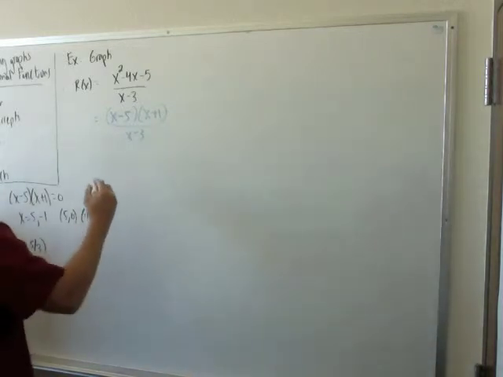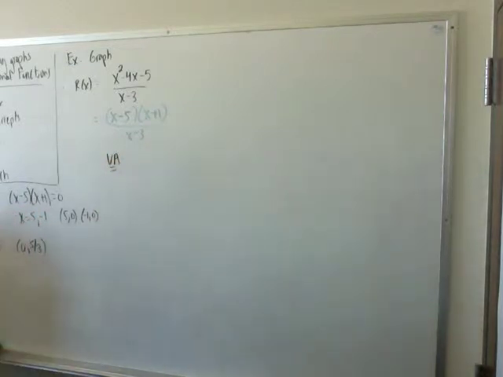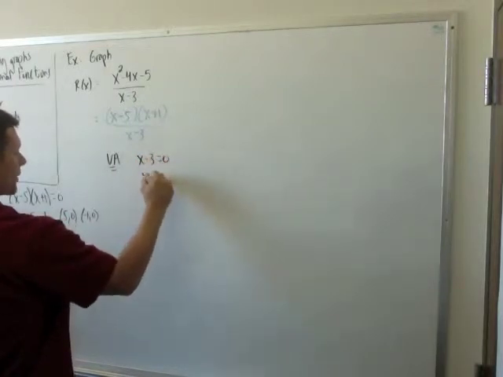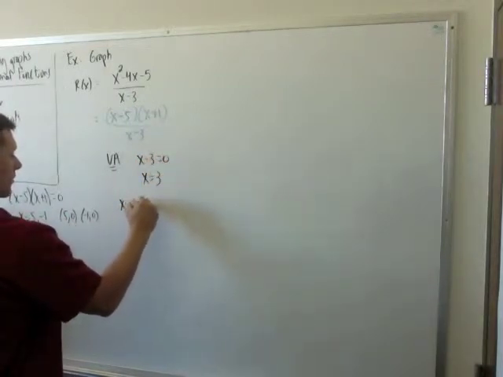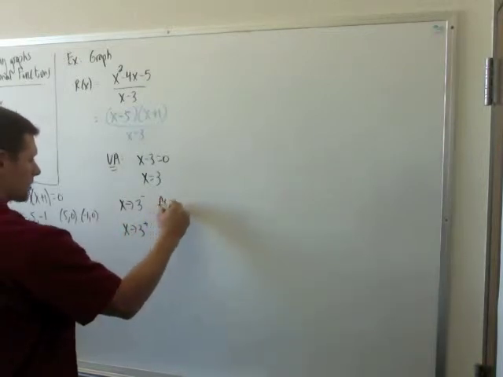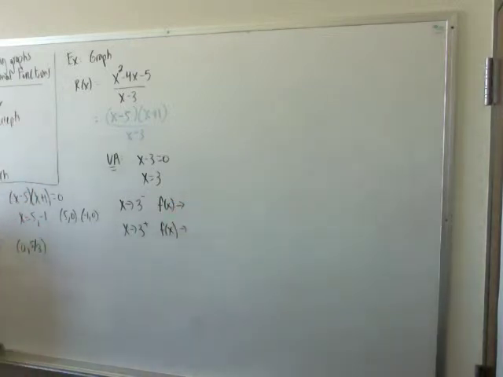Fantastic, okay? Let's talk about the vertical asymptotes. When does my denominator equal 0? When does x minus 3 equal 0? That happens when x equals 3. So we have to approach it from the left, and we have to approach it from the right and see what happens. We know it's going to either go to positive infinity or negative infinity, right?